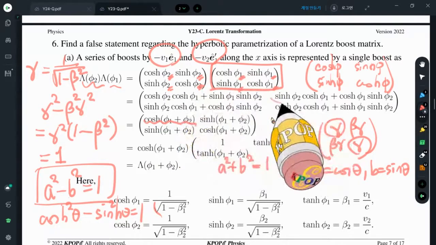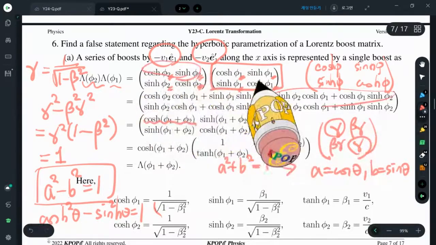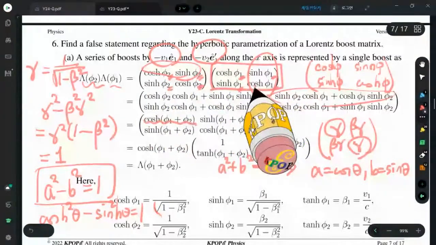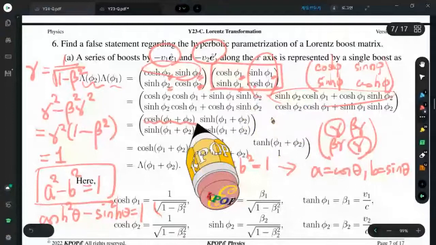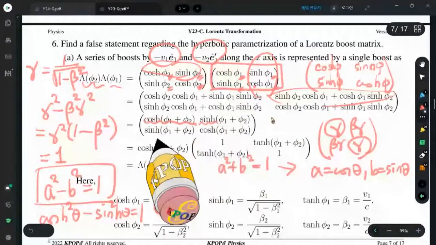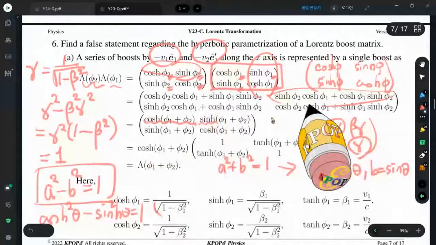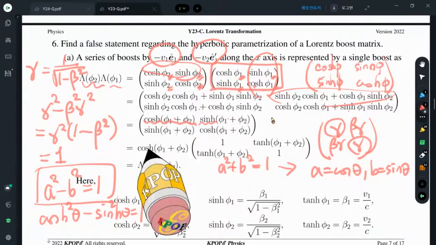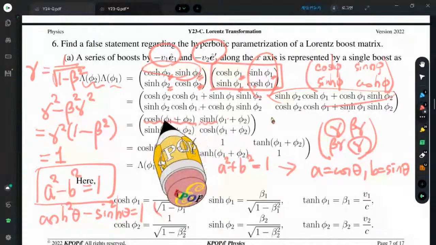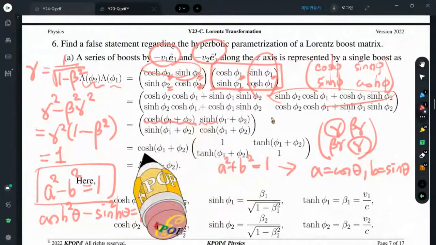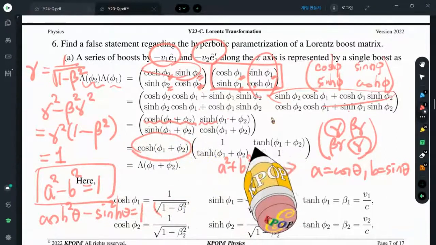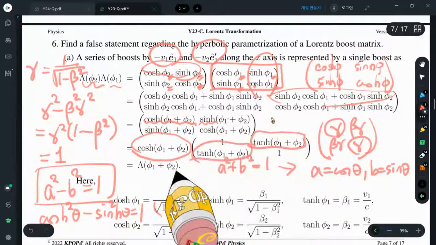And what about this term? This one multiplied by this, cosine sine plus sine cosine. What's that? That is sine hyperbolic of the sum. And the other two are carbon copies of this and this. Finally, you will find the cosine hyperbolic function can be pulled out, and you will find it is tangent hyperbolic.